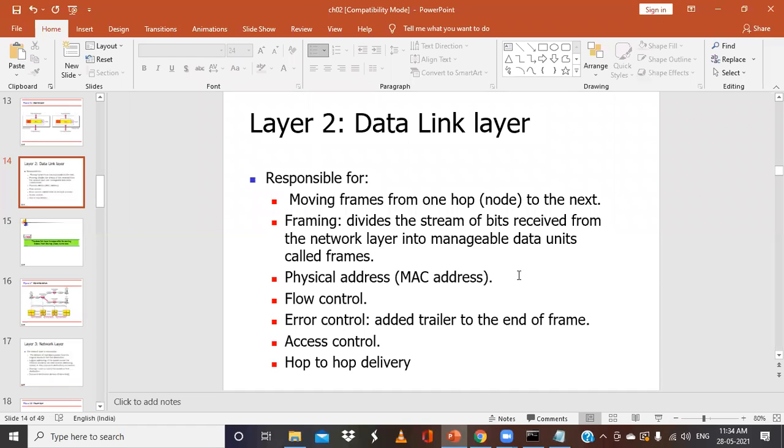And also, if any damage occurs during transmission, or if frames are lost, it is responsible for retransmission of these frames. And also there is the possibility of duplicate frames. Suppose the sender has sent 5 frames, 4 frames have arrived on time, but the 5th frame has not arrived.